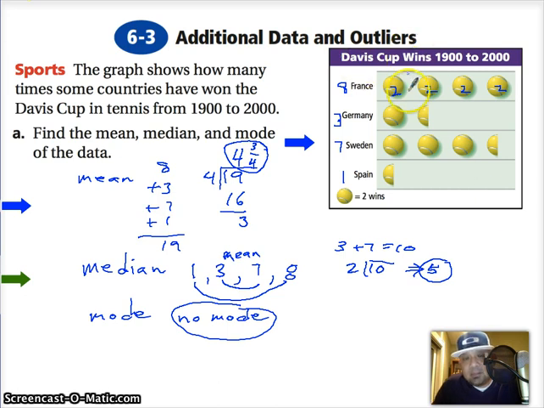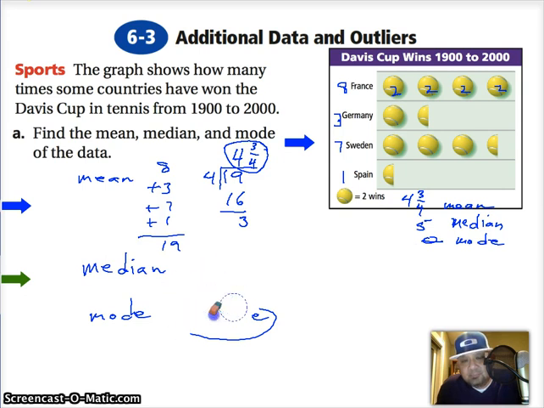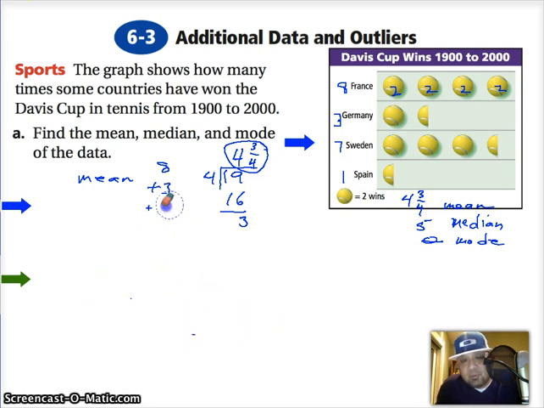Let's go ahead and copy those down over here. 4 3/4 is the mean. The median is 5. And the mode, well, there is none. I'm going to take my big eraser and erase everything that we've just done and make room for the next question.